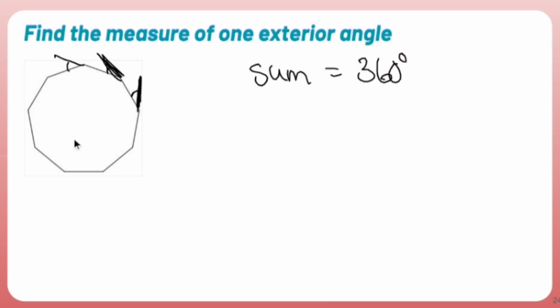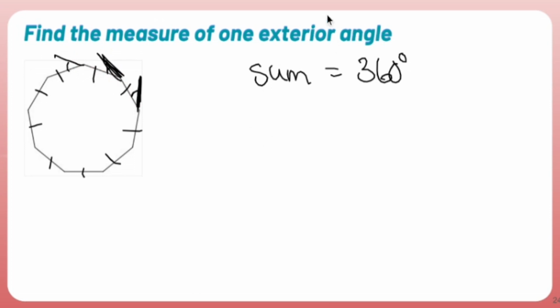So what I have to do here is find out how many angles there are. The way I do that is find out how many sides there are. 1, 2, 3, 4, 5, 6, 7, 8, 9. So there's 9 sides, which means there's 9 exterior angles.